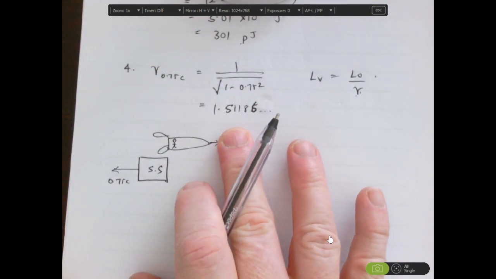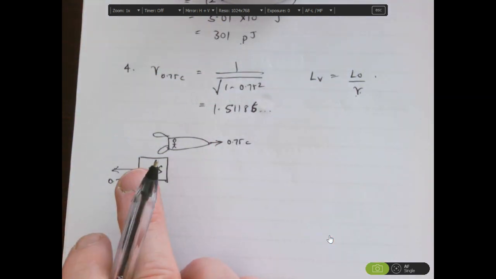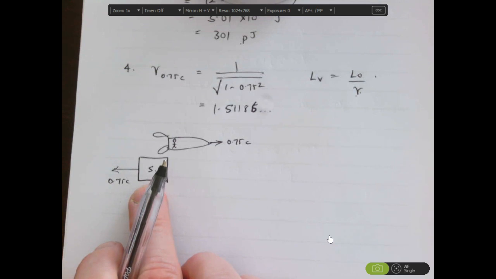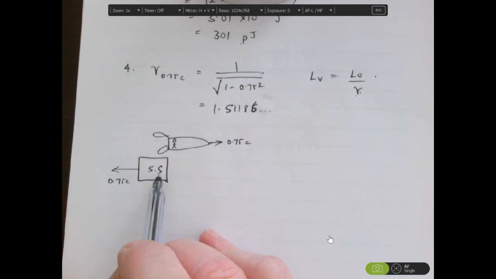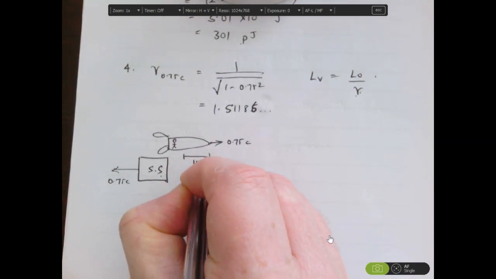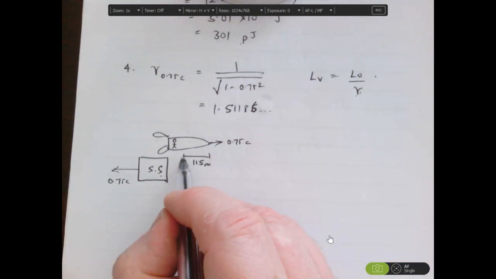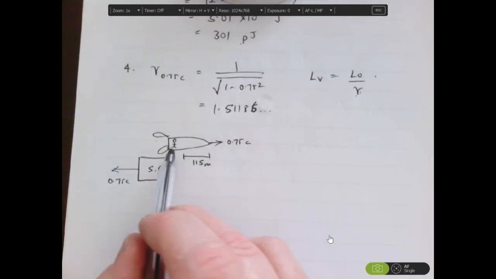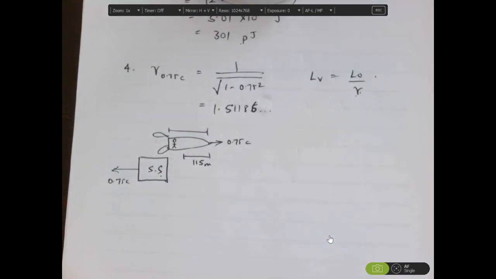So remember, it depends on whose frame of reference you're talking about. We're going to talk about the proper length of this spacecraft, because the space station observes it to be 115 meters. This would be the observation of the contracted value. The pilot should see a larger value there.